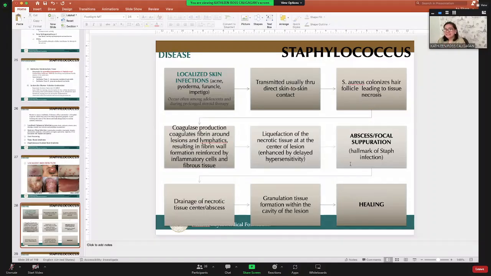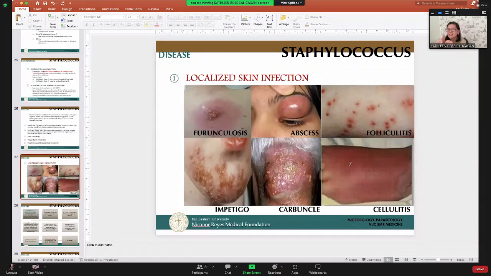The Staph aureus then colonizes the hair follicle, which leads to tissue necrosis and production of the coagulase enzyme. This coagulase enzyme will coagulate fibrin around the lesions and lymphatics, resulting in a fibrin wall which is reinforced by inflammatory cells and fibrous tissue. So the periphery of the lesion is rigid because of that fibrin wall.